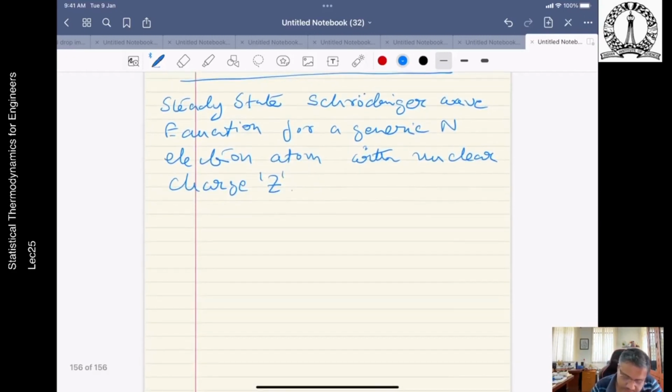This is the equation that we are going to write.